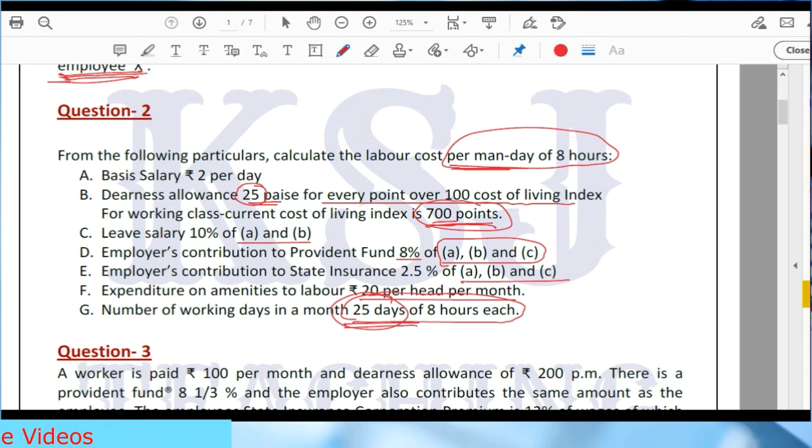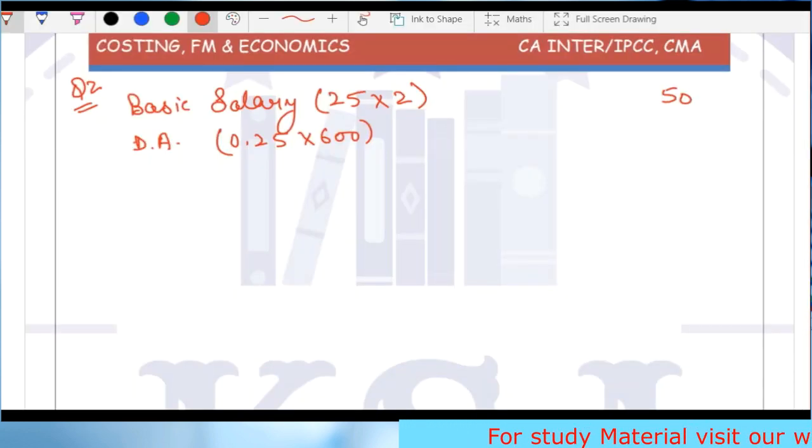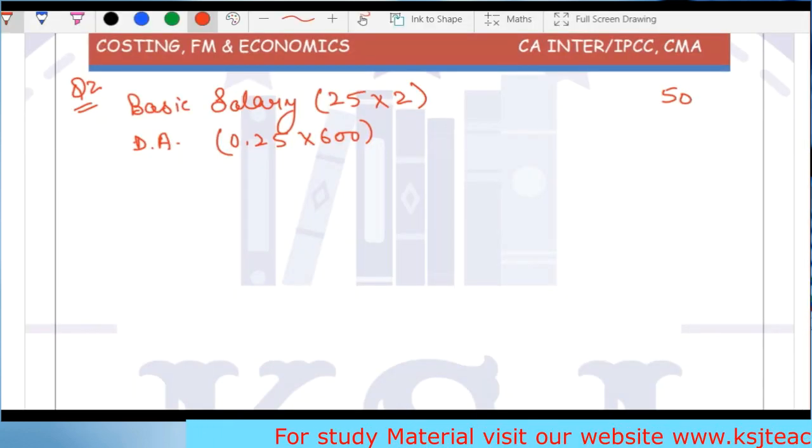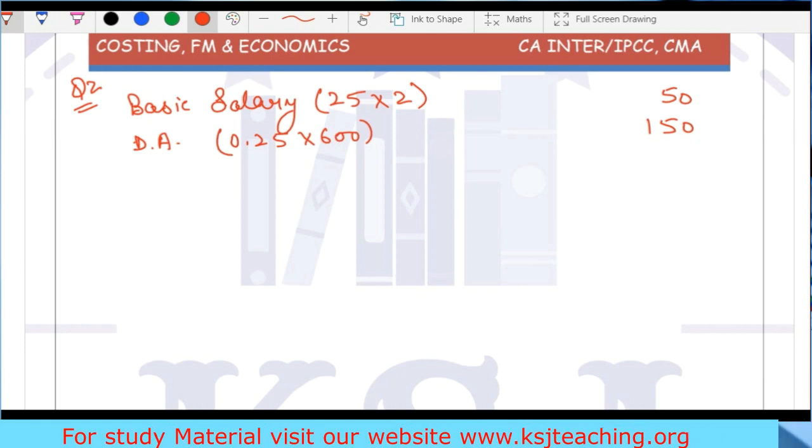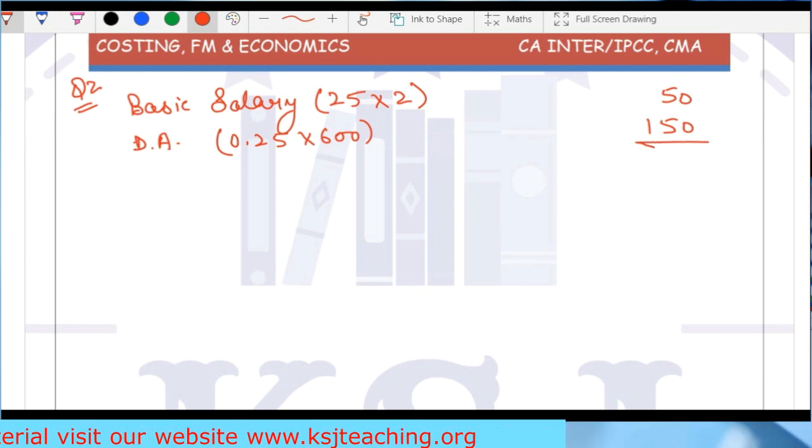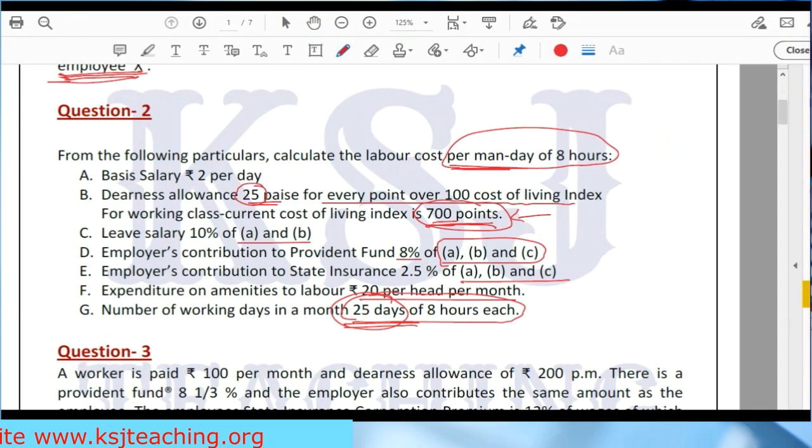So the current cost of living index is 700, so above 100 we have 600 points, and 25 paisa for every point. So this comes to 150. Clear? Total is 200.